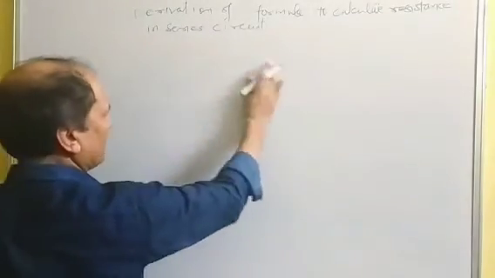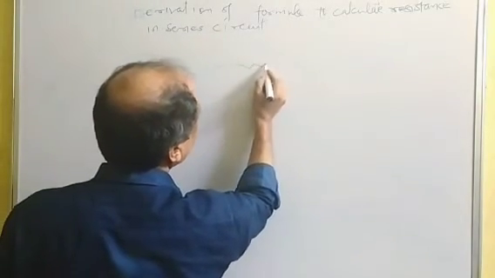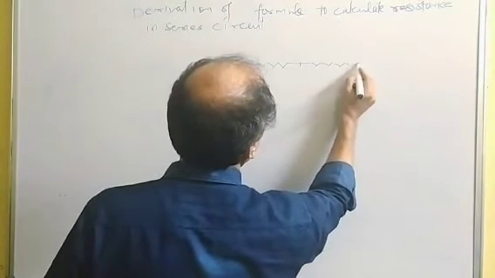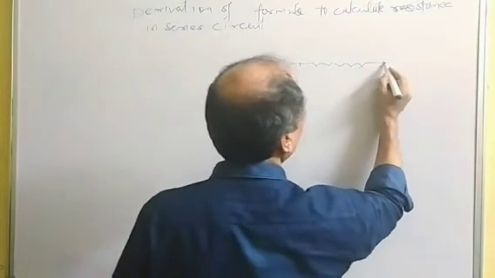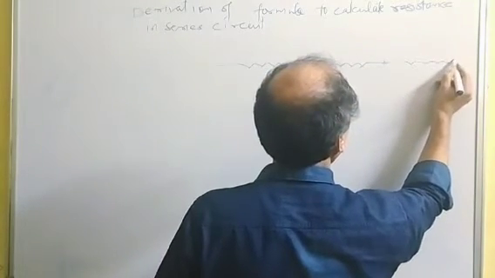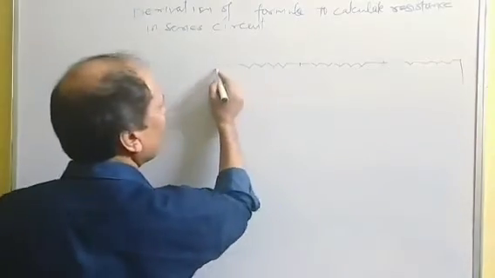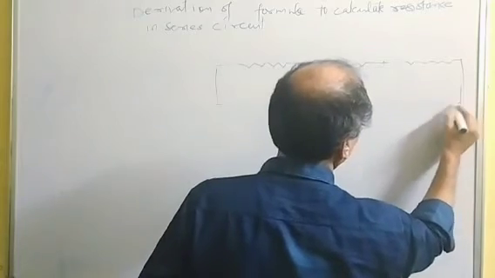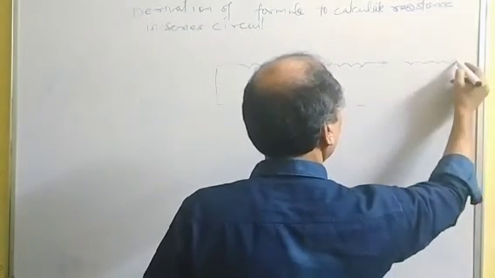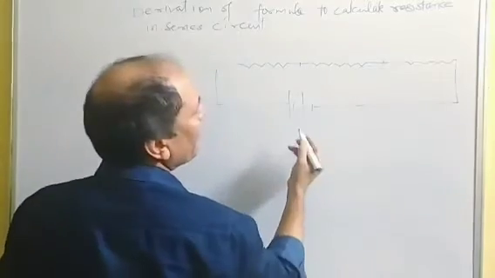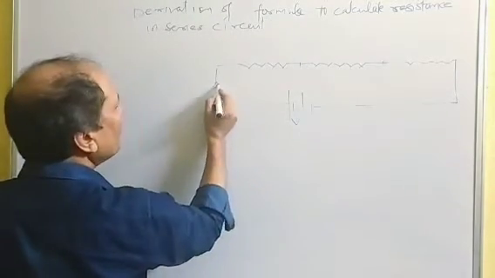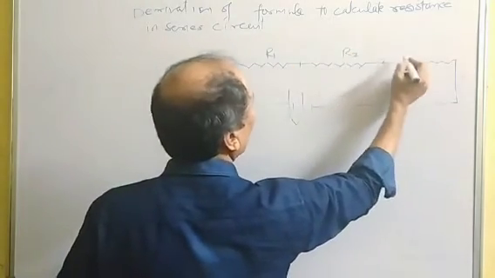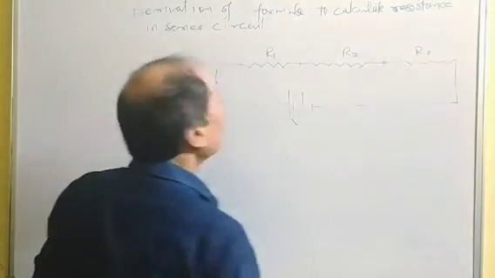Suppose there are three resistors, 1, 2, 3. Here a potential difference V is connected, due to which current I is passed through R1, R2 and R3.